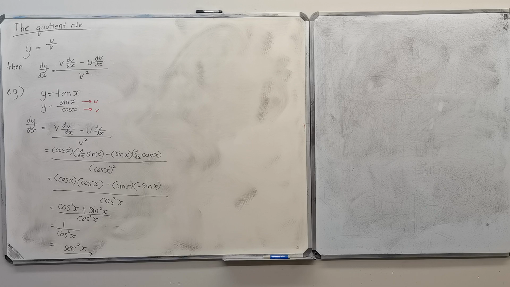If I change cos squared x to 1 minus sin squared x, you're going to get minus sin squared x plus sin squared x, which is 0, and the 1 over. If I change the bottom one, it's going to be 1 plus sin squared x, and then pull out sin squared x as a common factor.